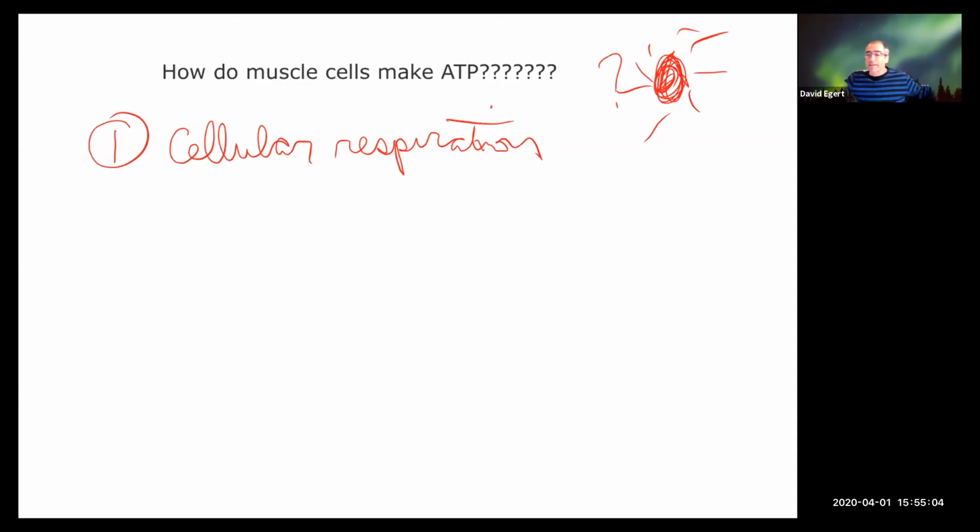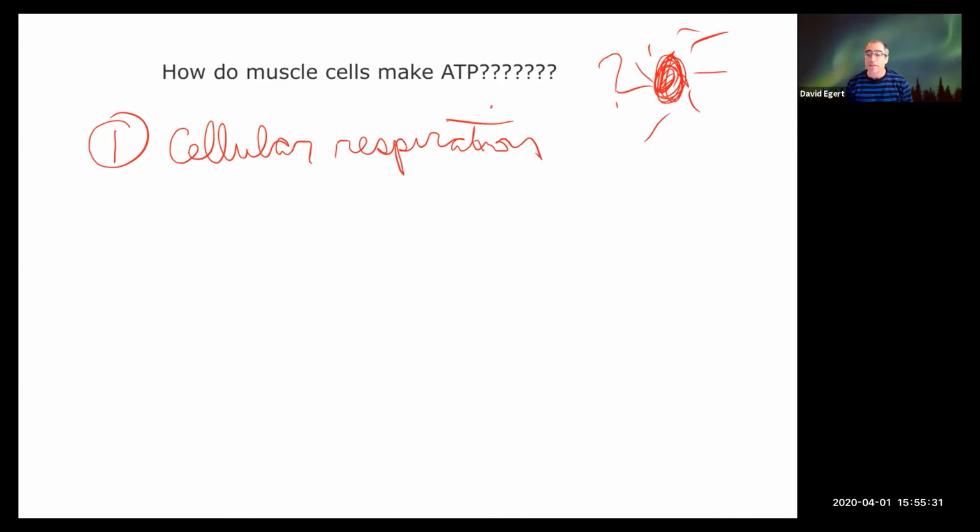You go through the 10 steps of glycolysis and then bring the pyruvates into the mitochondrial matrix and turn it into acetyl-CoA, which feeds into the Krebs cycle, and you're making all the NADH, and then the NADH contributes electrons in the electron transport chain, and then that pumps protons into the intermembrane space, and then the protons come back through ATP synthase, and finally, at the end of it all, you're making some ATP.